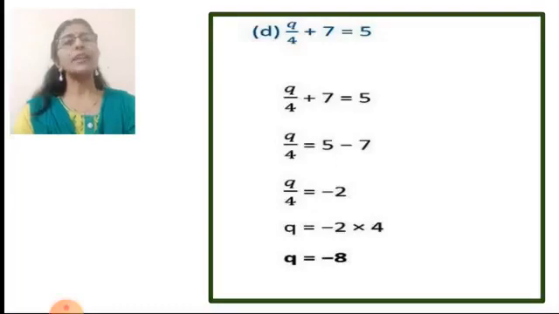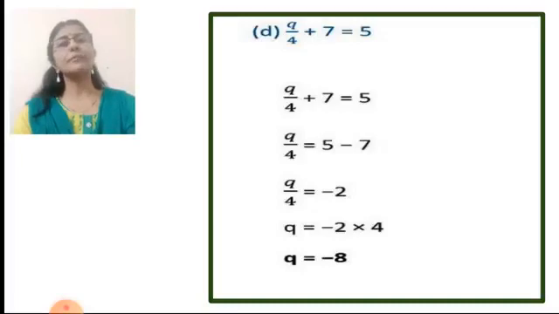Now to get only q on the left hand side, we will have to multiply again, because q is divided by 4. So we'll have to multiply by 4 on both sides of the equation. So it will be q upon 4 into 4. If you want, you can add one more step: q upon 4 multiplied by 4 is equal to minus 2 multiplied by 4.